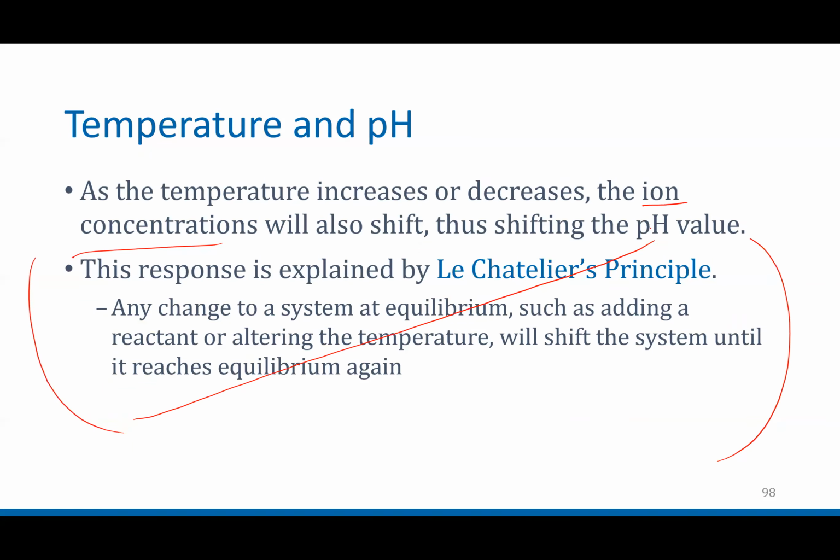If you can't remember, the definition is: any change to a system at equilibrium will shift that system until it reaches equilibrium again. These chemical equilibriums want to be in a state of balance where the forward and reverse rates are the same. So if you change an equilibrium, it will fight back and reestablish itself.